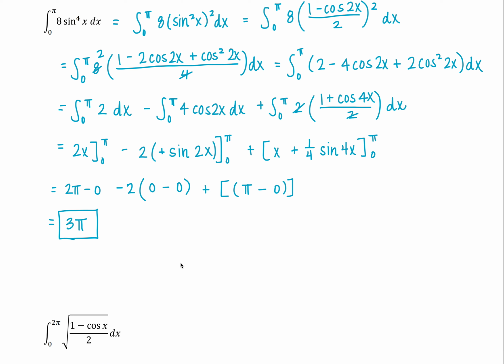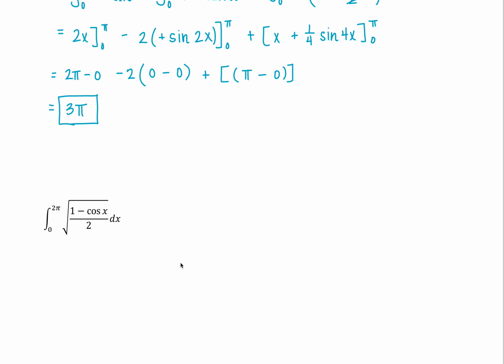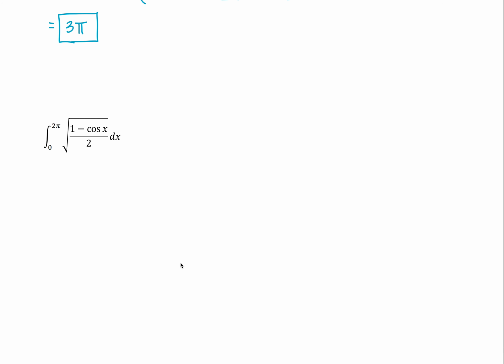You don't always have to use these identities more than once inside these integrals. So the second example here, we're going to make use of the same trig identity, but we're only going to need to replace things once here.